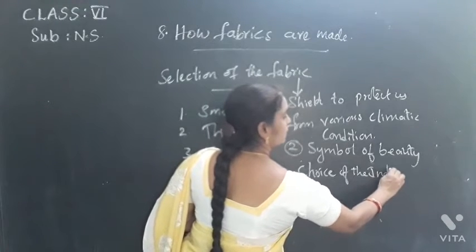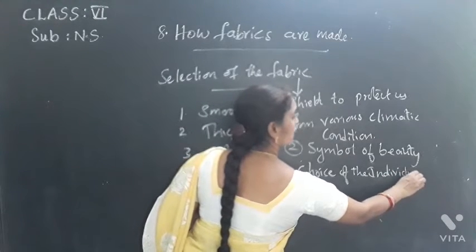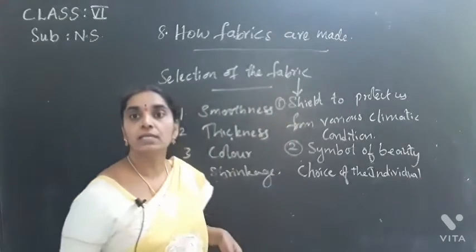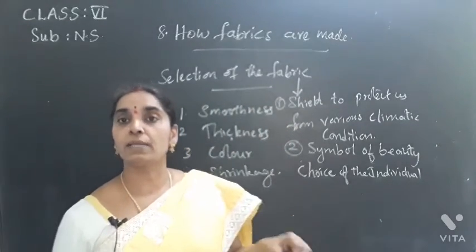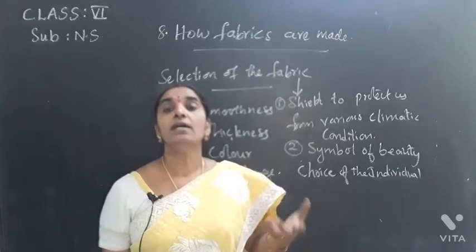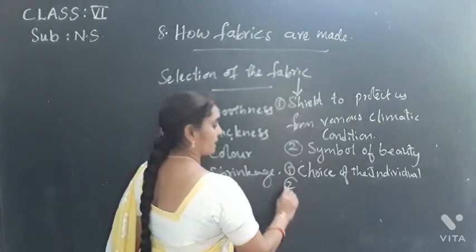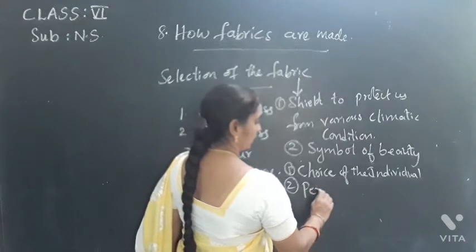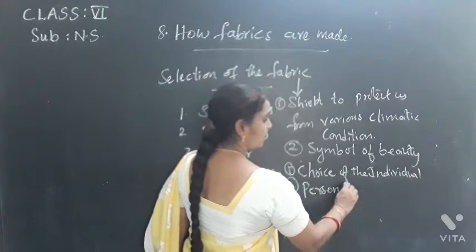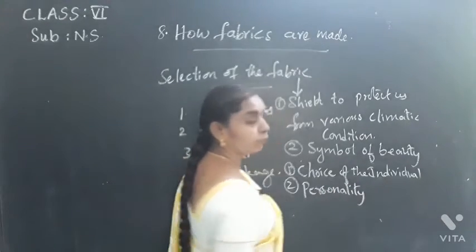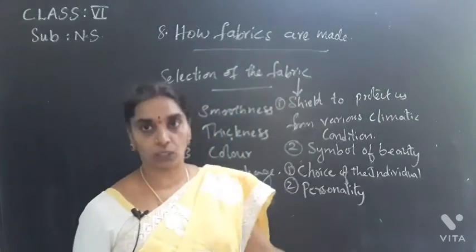Is it clear? Everyone has their own likes and dislikes. So the selection of the fabric depends upon the personal choice and personality of the owner, that is the person who wants to buy a cloth.